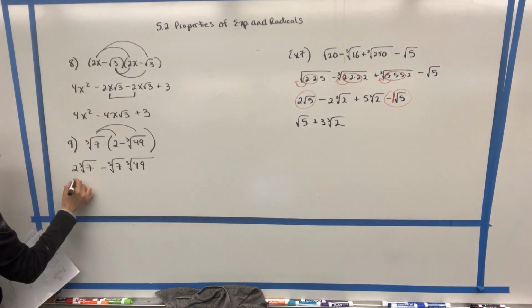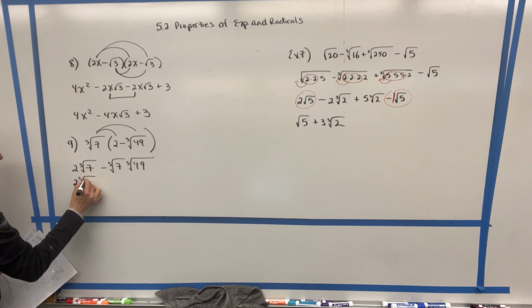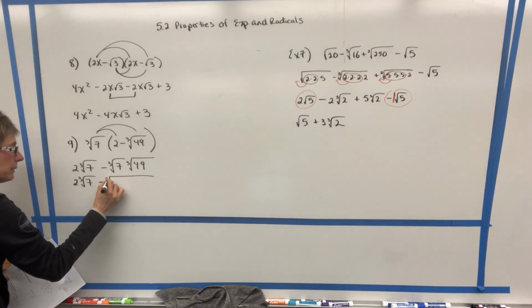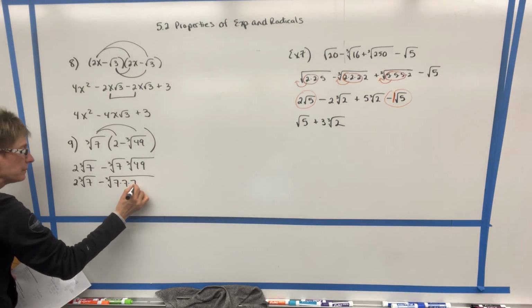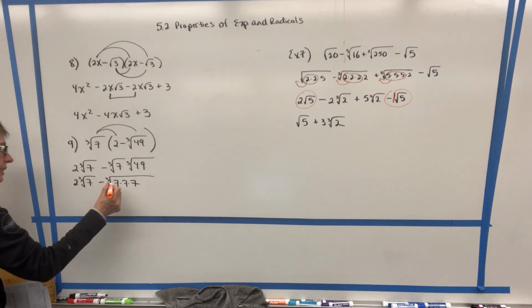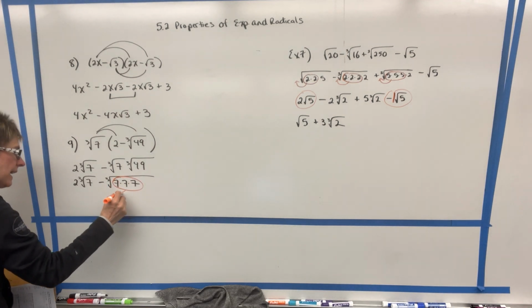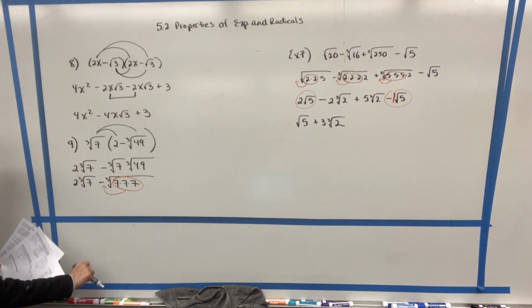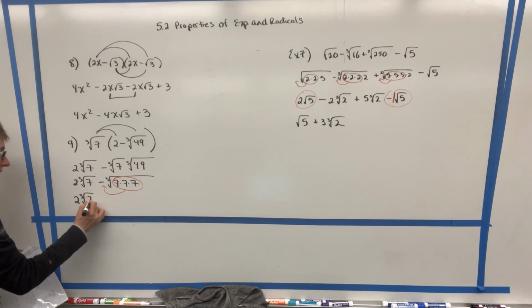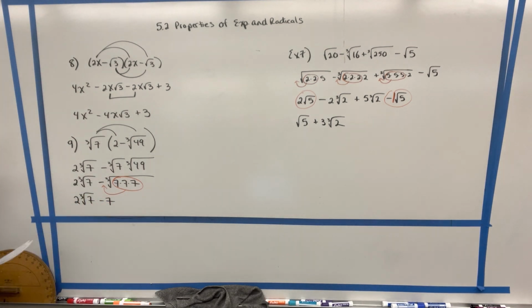Because these are the same index, I can put everything under one radical symbol. So I can write this as 7 times 7 times 7 because 49 has 2 7s in it. Notice when I do that I now do have a group of 3. So this becomes 2 times the cube root of 7 minus 7.